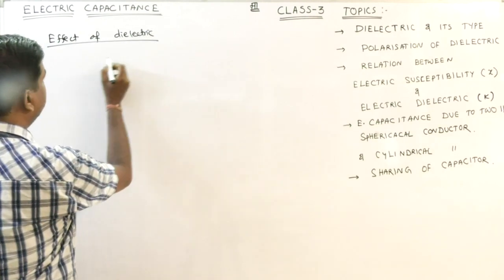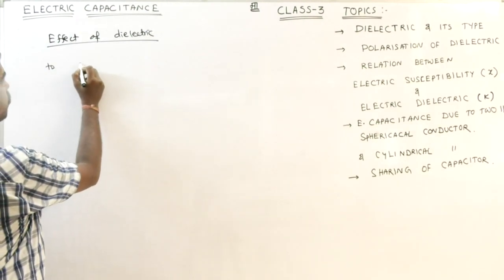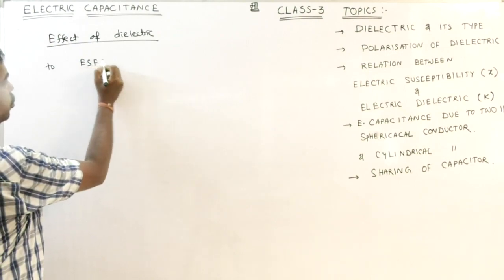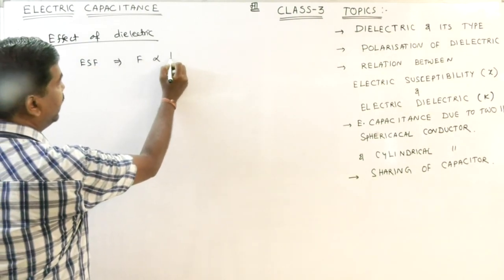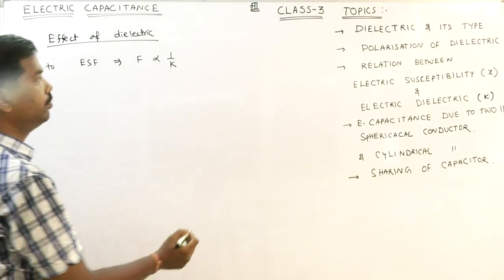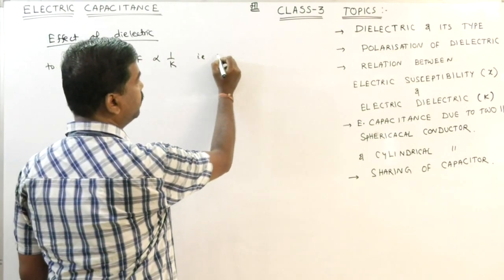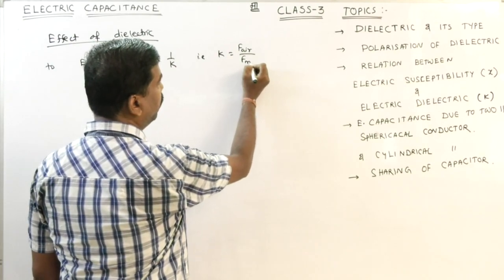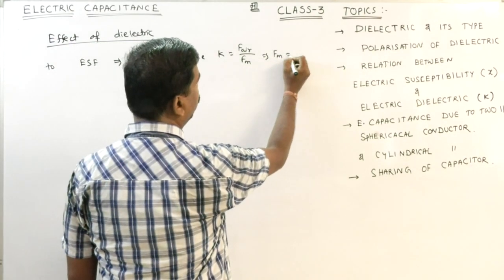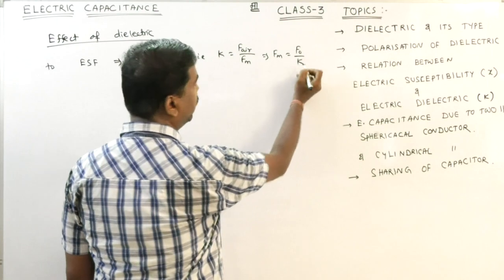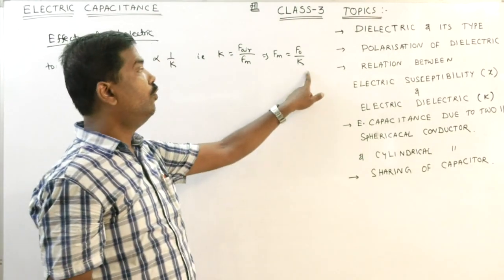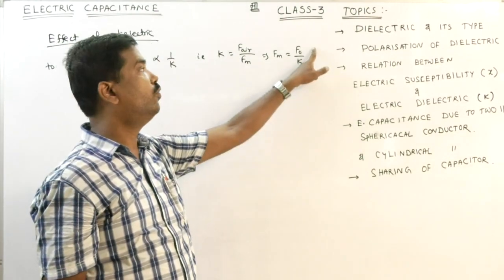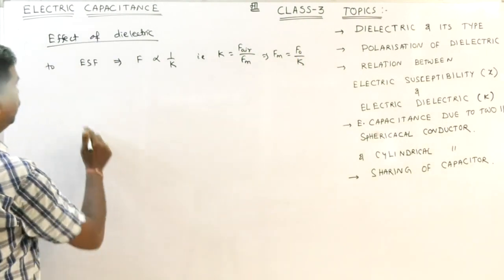Effect of dielectric on electrostatic force: F is directly proportional to 1 by K. That is, K is equal to force in air by force in medium, or force in medium is equal to force in air by K. It means when dielectric constant increases, force decreases.